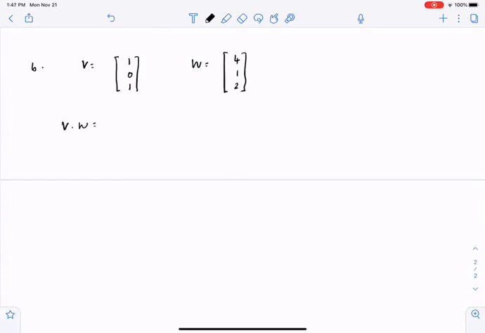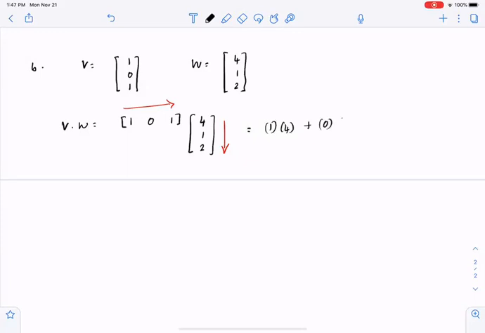All I have to do is flip the first vector, 1, 0, 1, and the second is 4, 1, 2. Run, jump. So 1 times 4, 0 times 1, 1 times 2. 4 plus 2, I get 6.